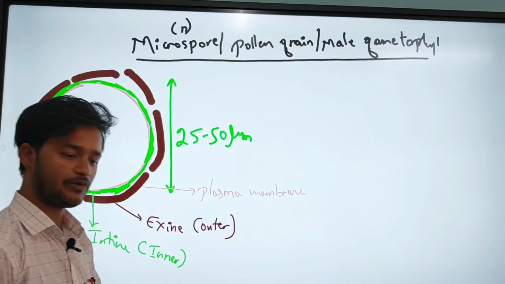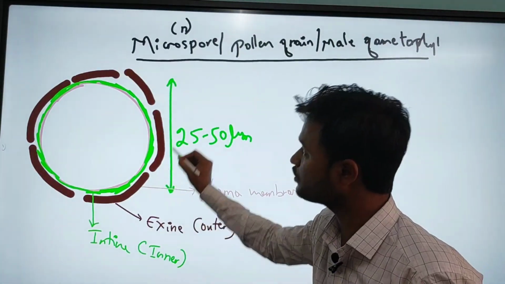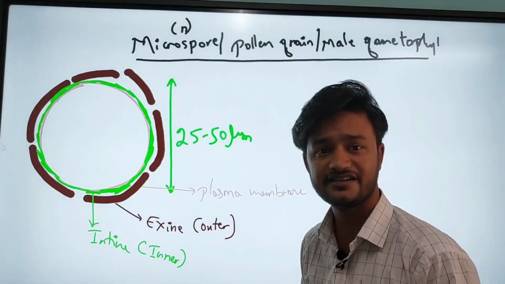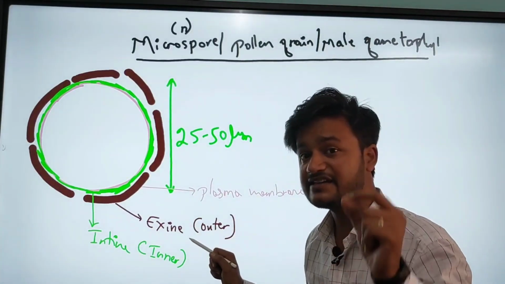So let us discuss one by one. What is exine and what is intine? Exine is the outermost discontinuous layer, it is not continuous.